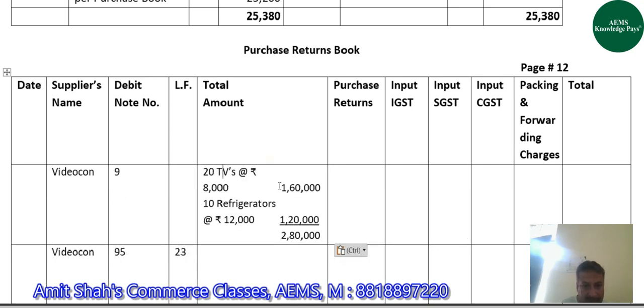So here we will have 2 television sets at rupees 8,000, that is rupees 16,000, and 1 refrigerator of rupees 12,000.